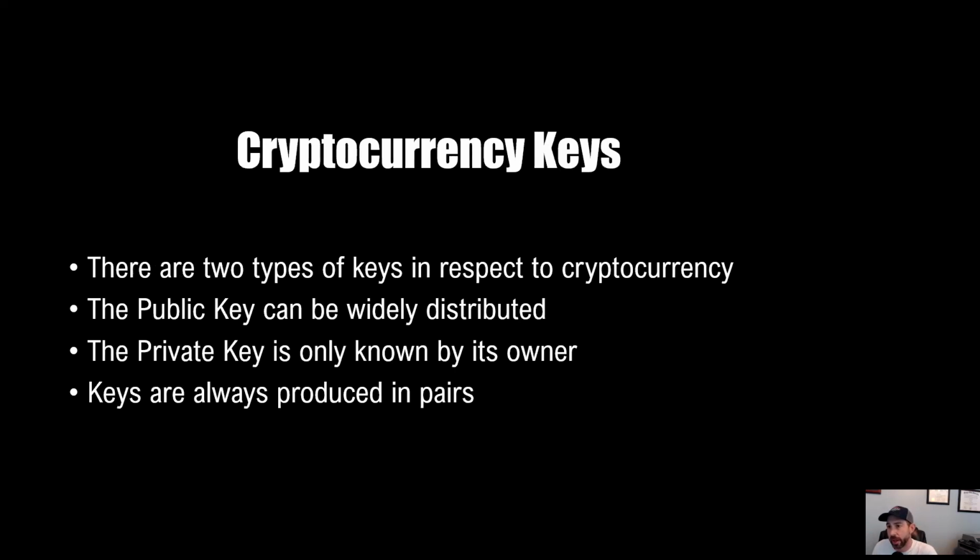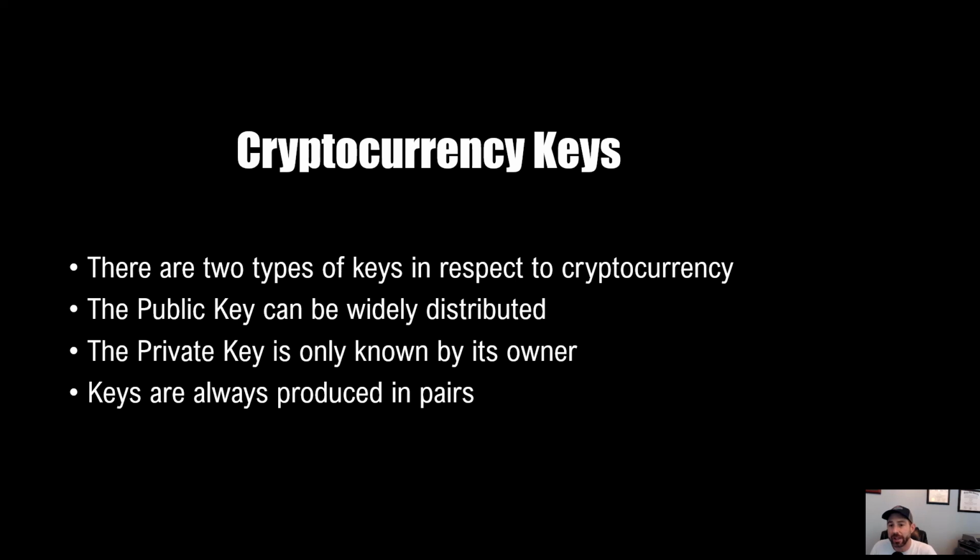Now let's talk about cryptography keys. There are two types of keys in cryptocurrencies, okay? There is a public key, which is just like it sounds. It can be widely distributed. You can give it out freely. There's no danger of anybody getting into your cryptocurrency if they have your public key. And there's the private key.